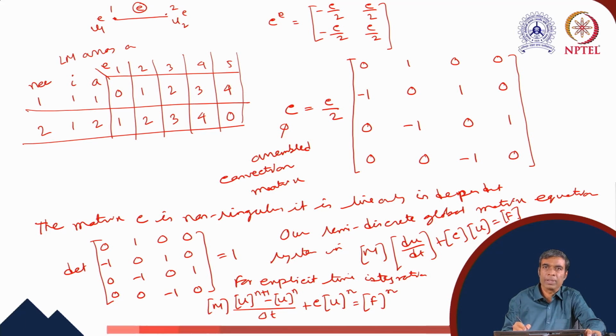So this is for the explicit scheme where n equals to time step count.